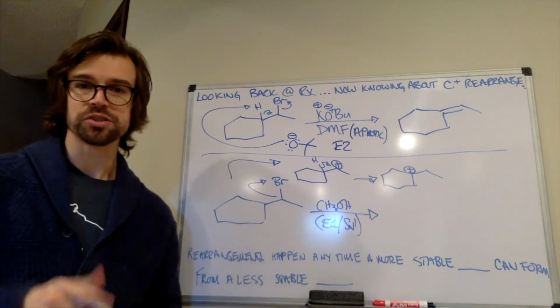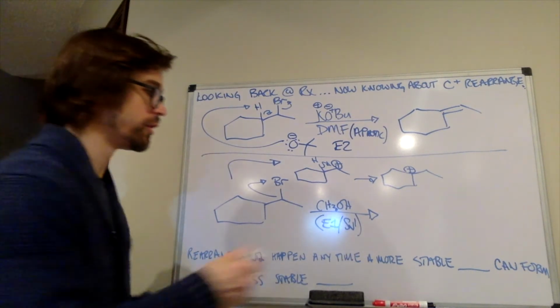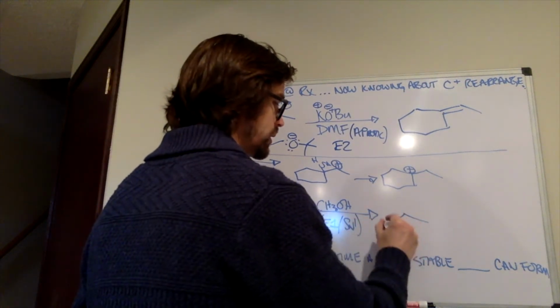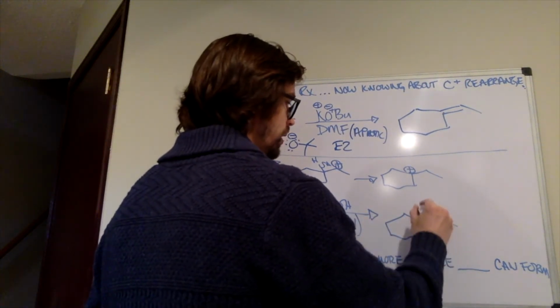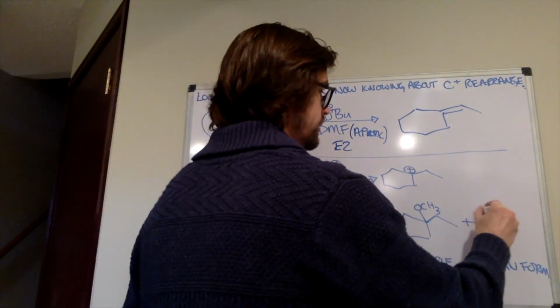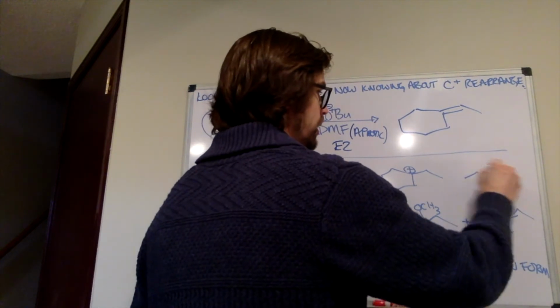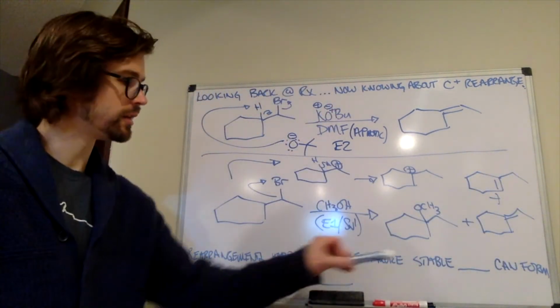And at that position, we would get our E1, our elimination, and our SN1. So the final product of this reaction is going to be a mixture of the SN1 product and the E1 product, which again is going to be a mixture of tri-substituted alkenes.